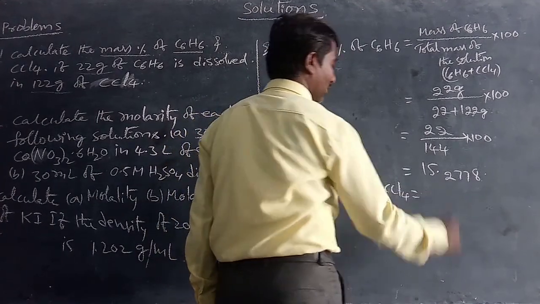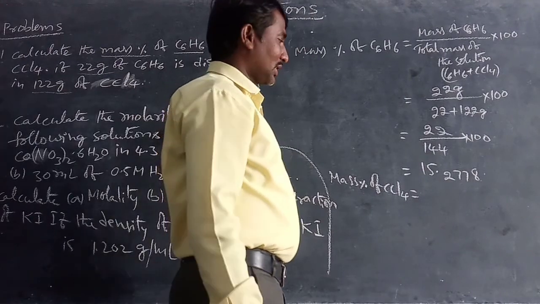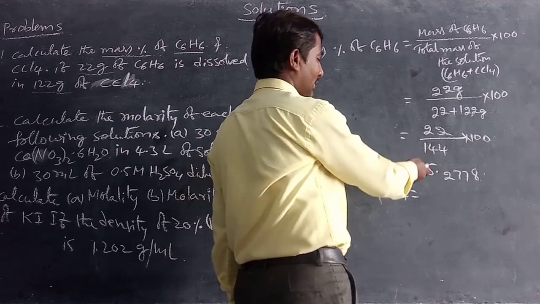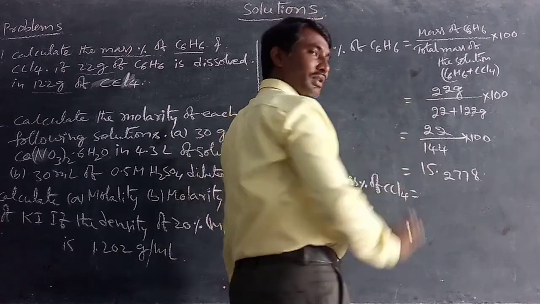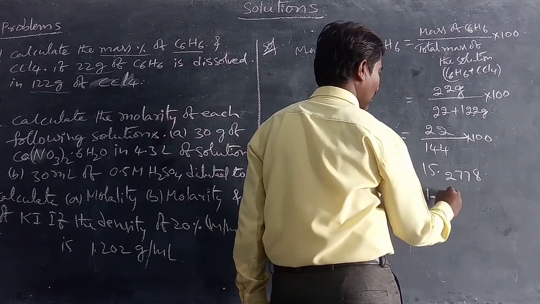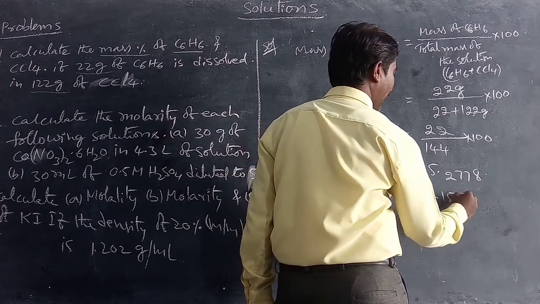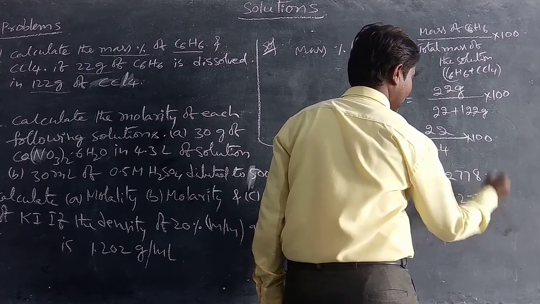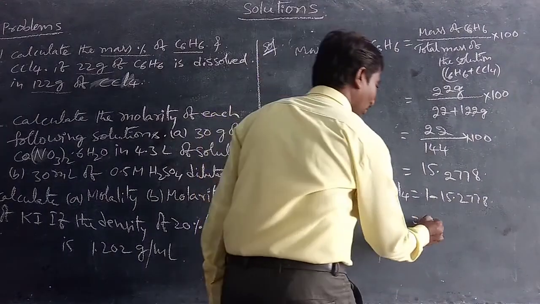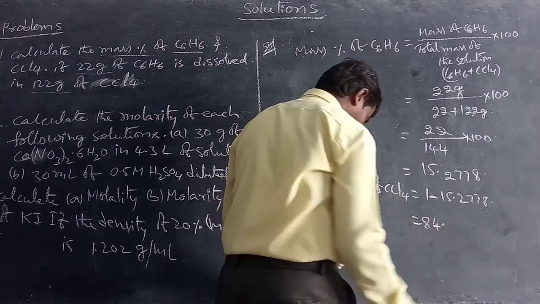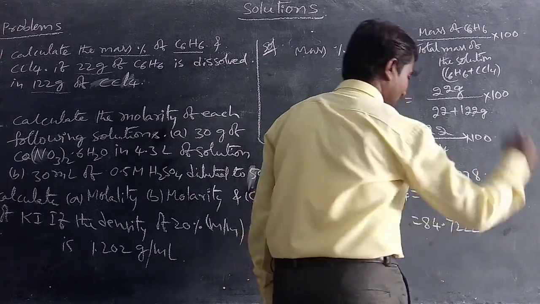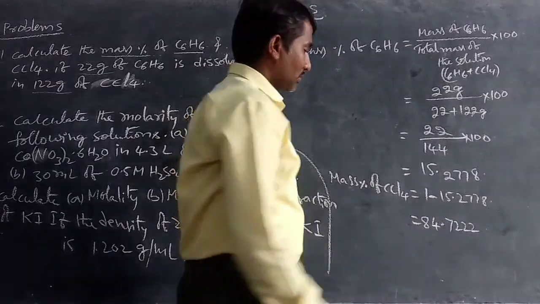And the same thing for the mass percentage of CCl4. You can calculate it by using the same formula, or 1 minus 15.278, which equals 84.722.